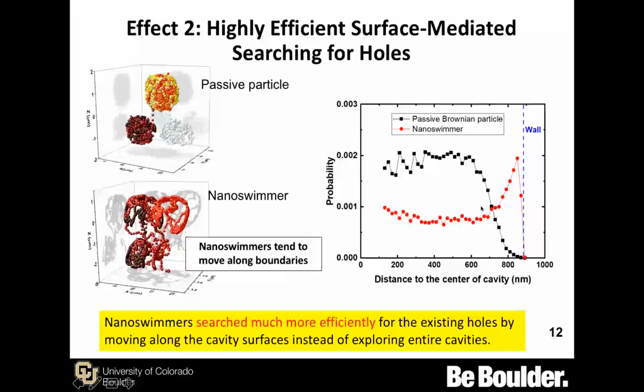This is the nanoswimmers. The nanoswimmers are more likely to get very close to the wall, while the passive particle is more likely to stay away from the wall because of electrostatic repulsion or other microscopic interactions. Therefore, the nanoswimmers may search much more efficiently for the existing holes by moving around the cavity spheres instead of exploring the entire cavity.